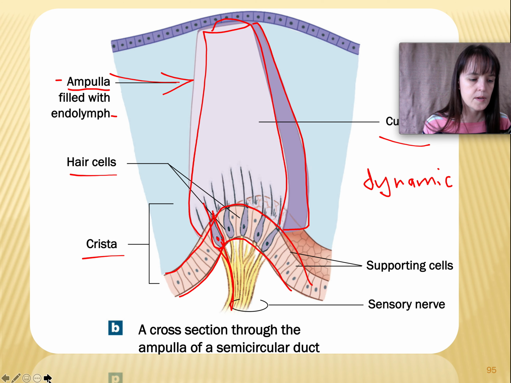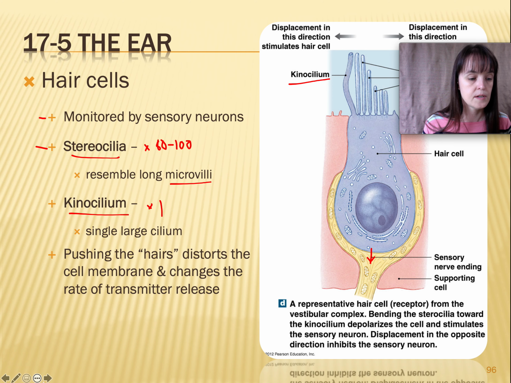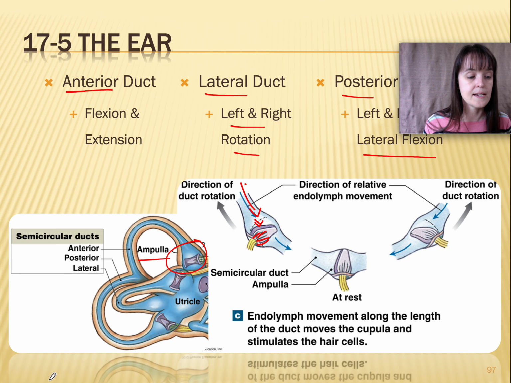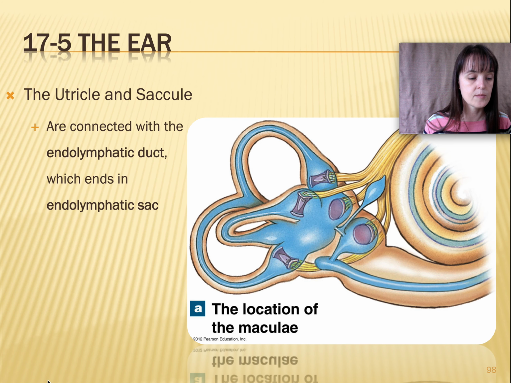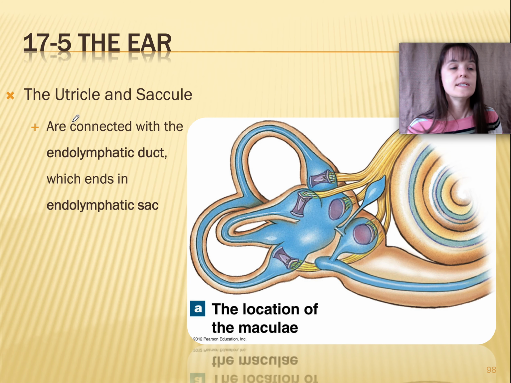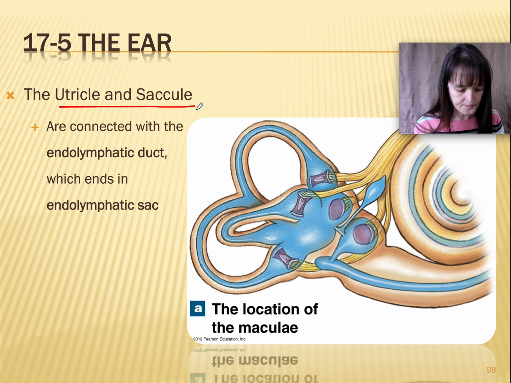That's how you know that you moved your head. So that's dynamic equilibrium. What about static equilibrium? Static equilibrium is read by the utricle and saccule.